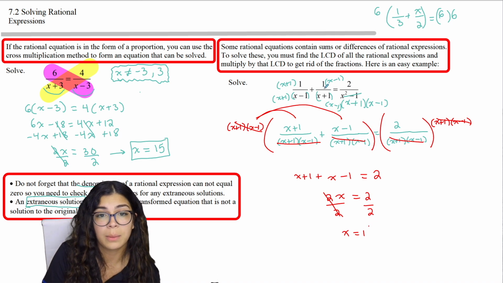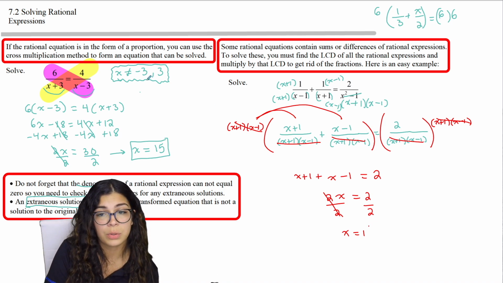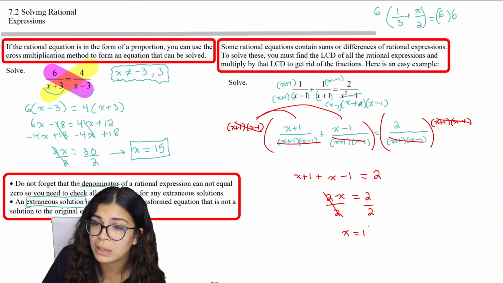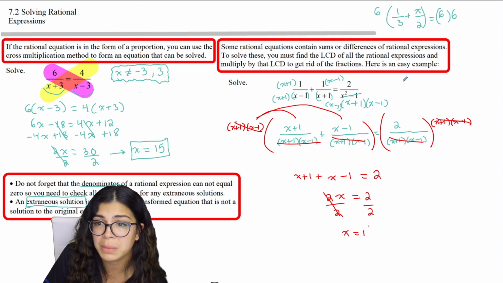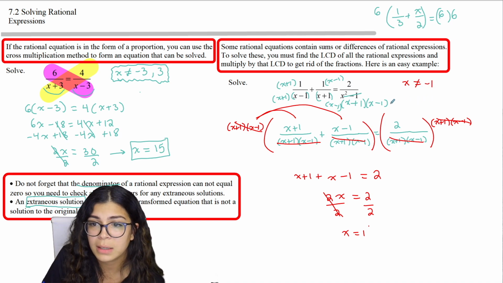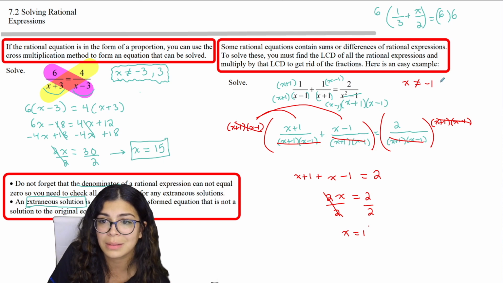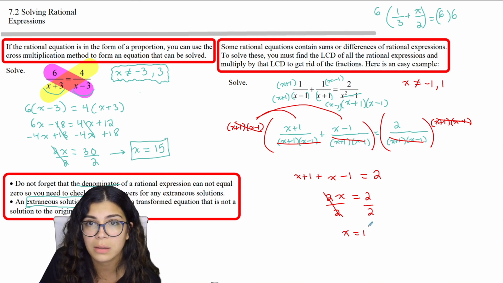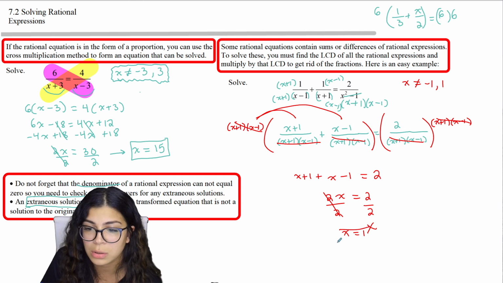Now, again, remember your excluded values are important to note. The denominator here, x plus 1, means that x cannot equal negative 1. And the denominator here, a factor x minus 1, would tell us that the x value cannot be 1 either. Well, we got a solution of 1. So this solution is actually not a solution, right?